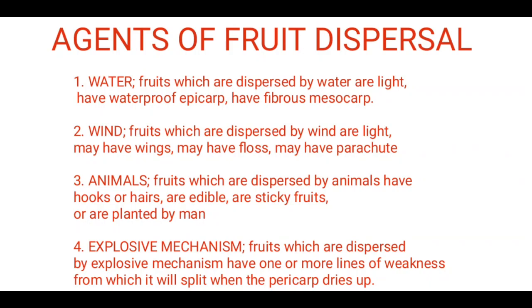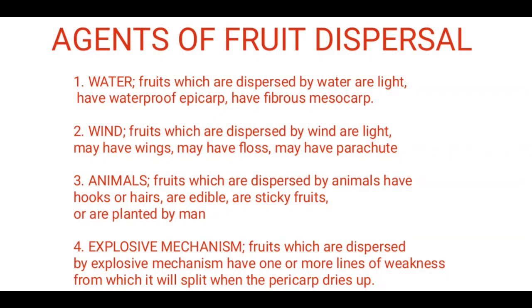Fruits which are dispersed by wind are light, may have wings, may have floats, may have parachutes. Number 3 agent of dispersal, animals. Fruits which are dispersed by animals have hooks or hairs, are edible, are sticky fruits, or are planted by man.